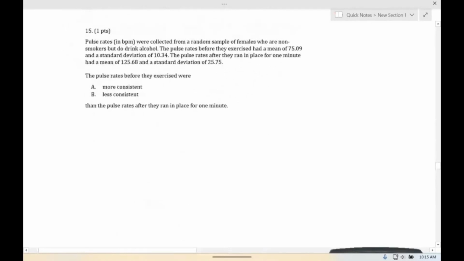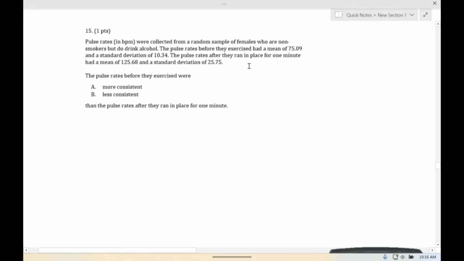Our next question is in terms of pulse rates in beats per minute, and they were collected from a random sample of females who are non-smokers but do drink alcohol. The pulse rates before they exercise had a mean of 75.09 and a standard deviation of 10.3.